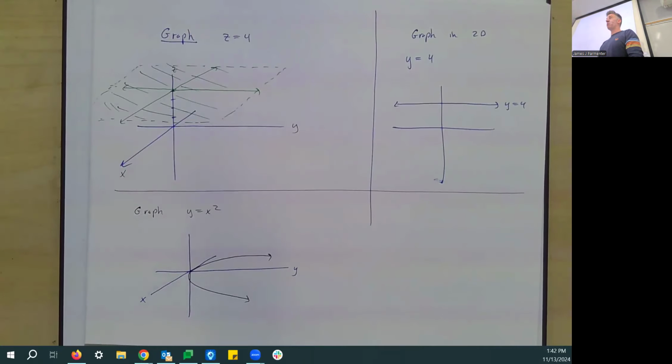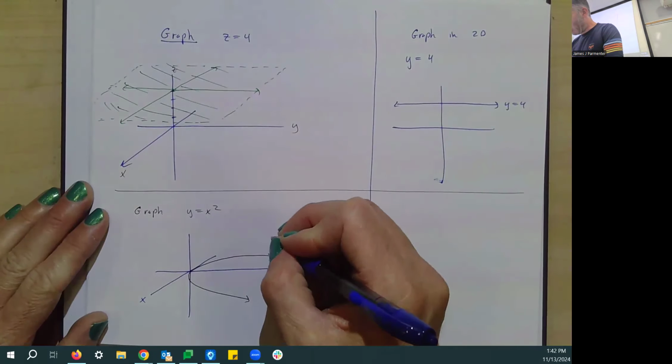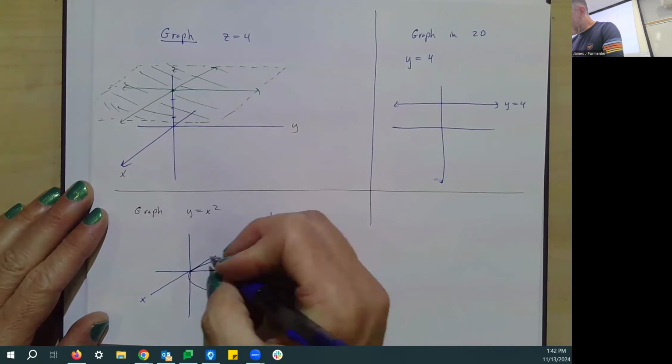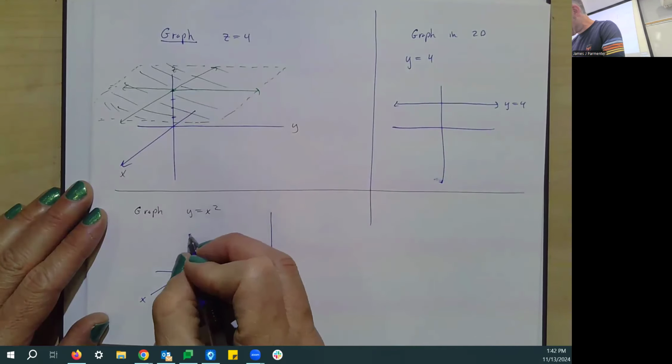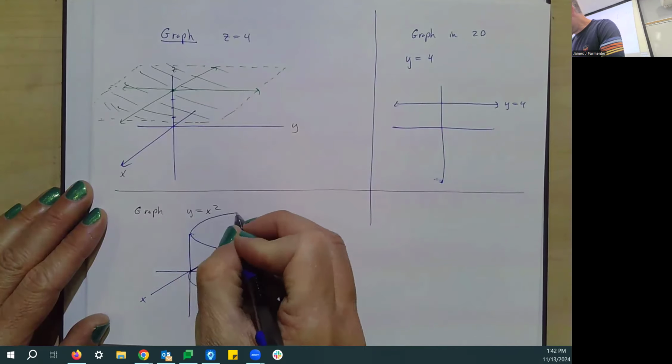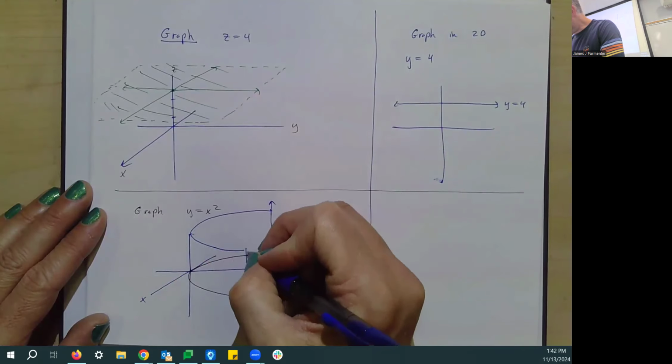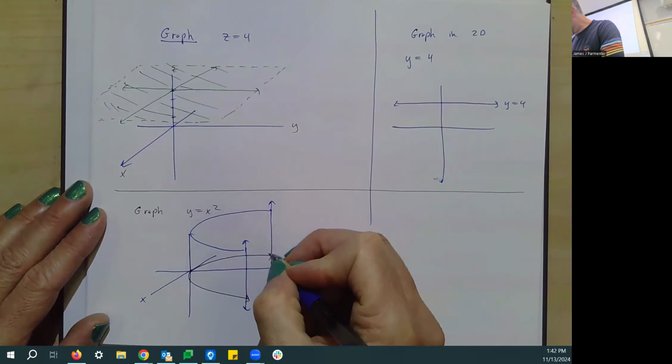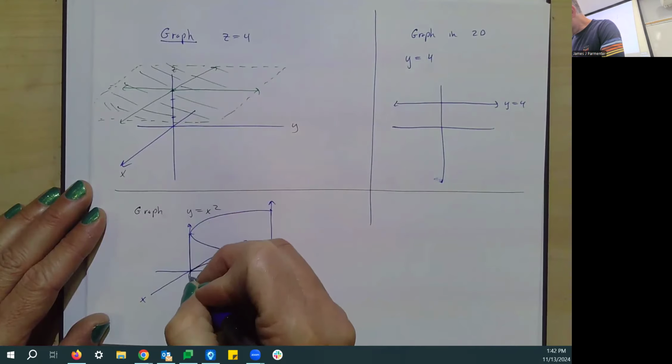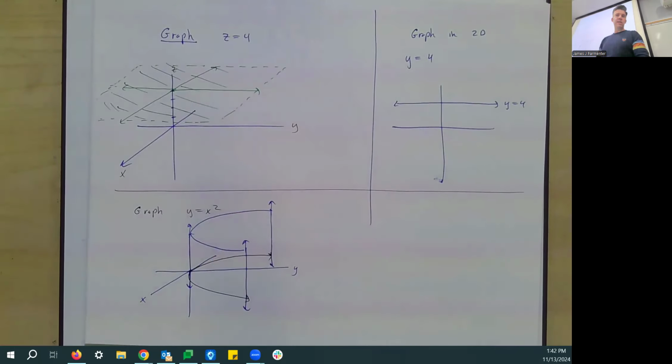But then I can move as much as I want in the z direction. I can essentially go up as much as desired, or down as much as desired. So what we essentially have is something that looks like this, right?